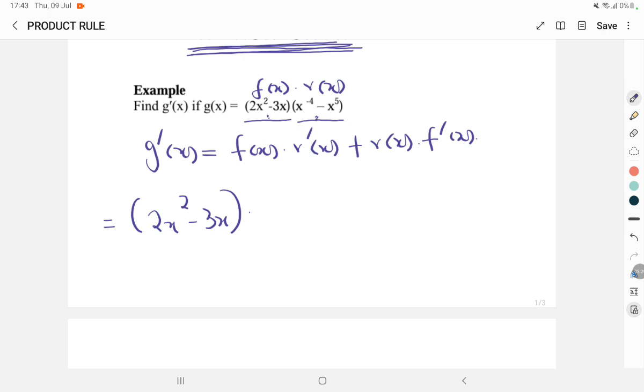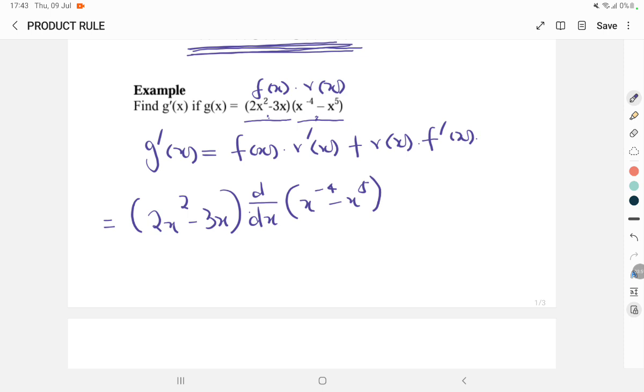To show that we are doing the derivative, we have to write this with respect to x, because the things that are inside these functions are in terms of x, right? So now we're going to put our function, which is x to the power of -4 minus x to the power of 5.